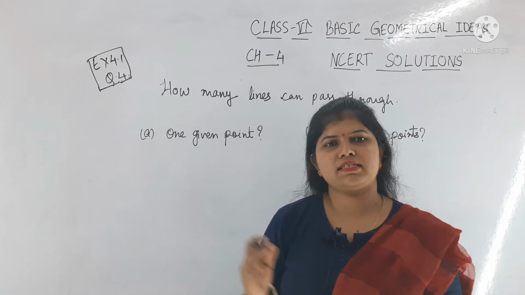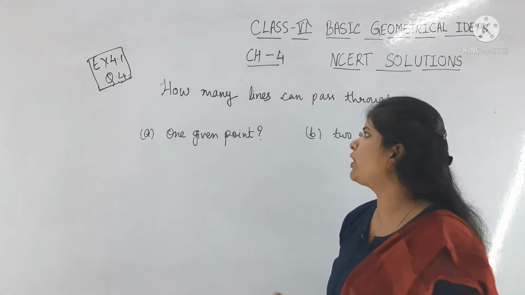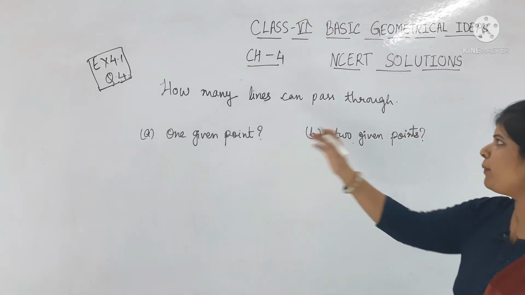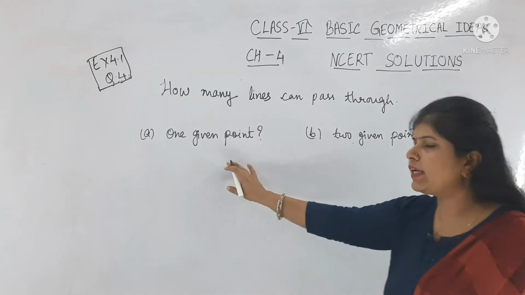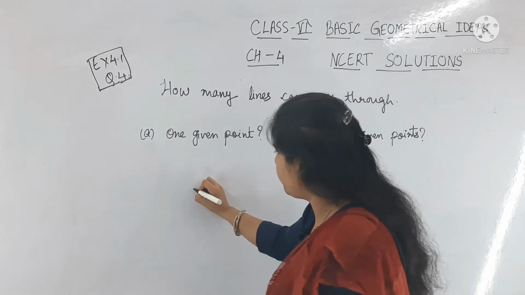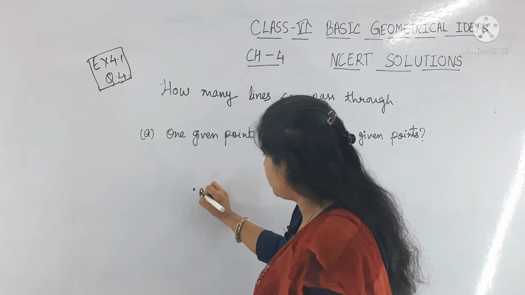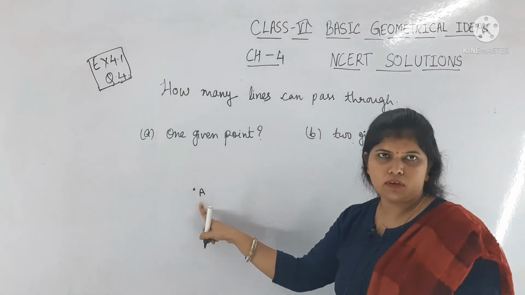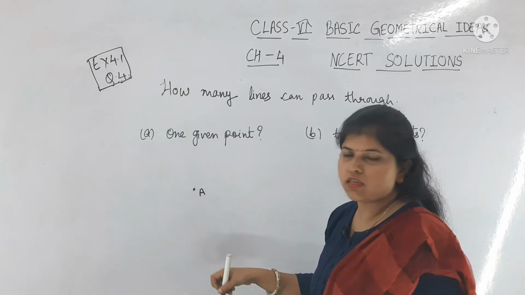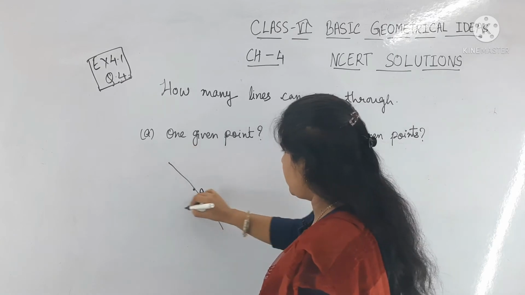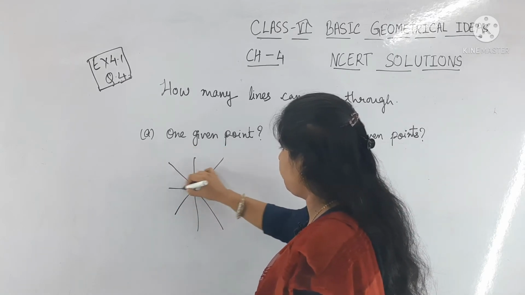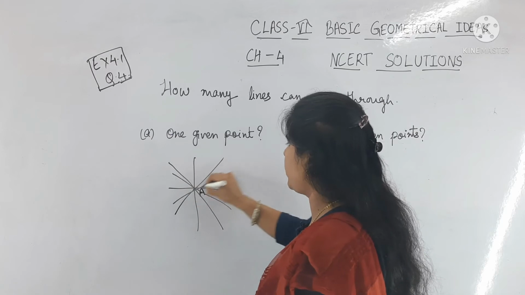Okay students, now let's come to question number 4. What is the question here? How many lines can pass through one given point? If one point is given, I am giving the name A. So how many lines can pass? It may be 1, 2, 3, 4, 5, so many.